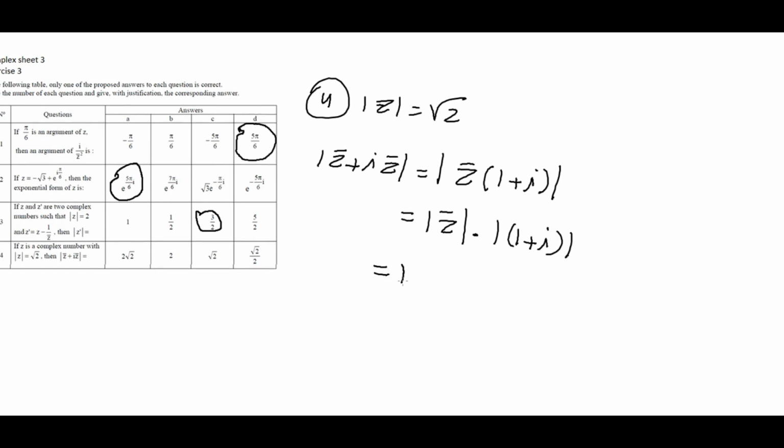So the modulus of z bar is equal to the modulus of z, times the modulus of 1 plus i, which is radical 1 plus 1. So it is equal to the modulus of z, which is given, radical 2, times radical 2, which is equal to 2. So the answer is B, simply enough.